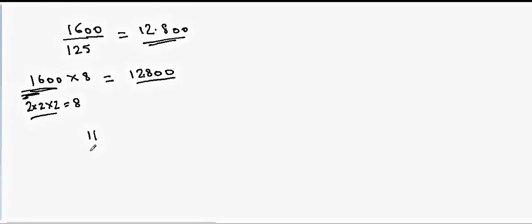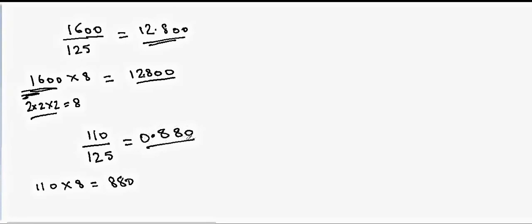Suppose I have 11 and one more 0, so 110, and I want to divide by 125. The answer will be, multiply this by 8. So 110 into 8 is equal to 880. So the answer will be 880, and then I put a decimal after three digits, so that will be equal to 0.880. How did I come up with this trick?